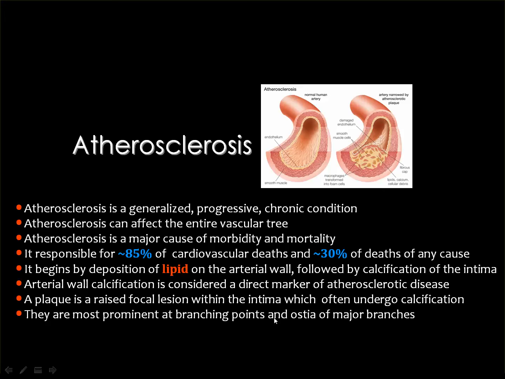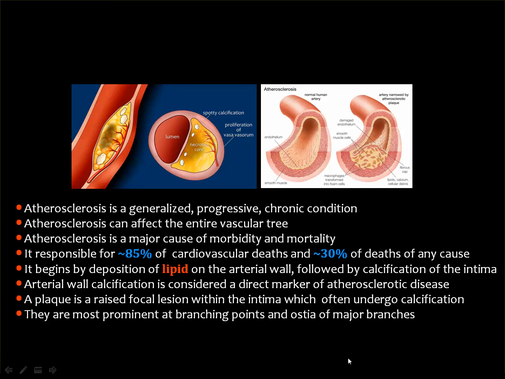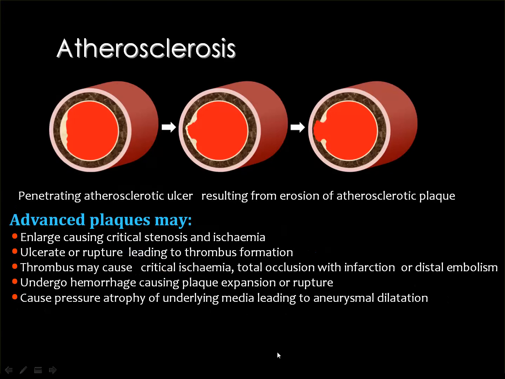Arteriosclerosis results from deposition of lipid in the intima, and this is followed by calcification of the lipid deposits. This will lead to encroachment on the arterial lumen, narrowing and even occlusion of the lumen itself.